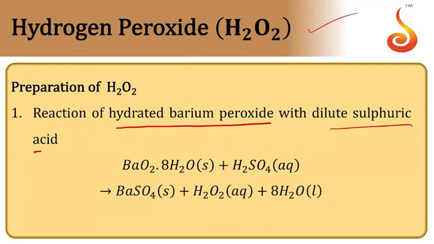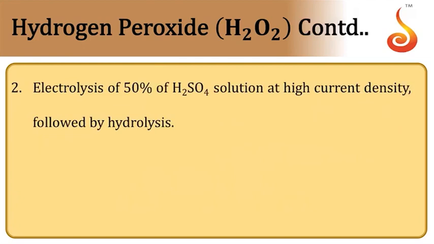We can use peroxides and hydrolysis can be done, but it should be acidic hydrolysis of the peroxide. So let us take barium peroxide plus sulfuric acid, which is going to give us H2O2. Byproducts are barium sulfate and H2O. So acidic hydrolysis of barium peroxide gives rise to H2O2.